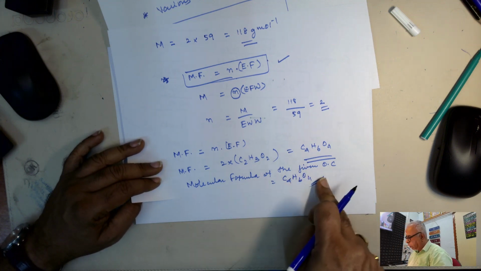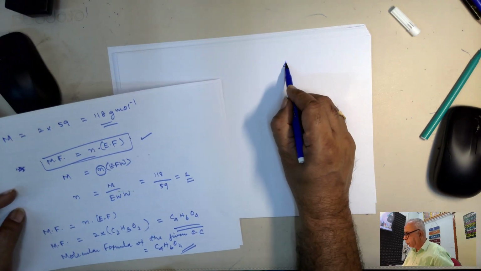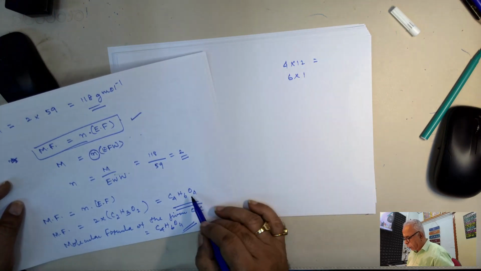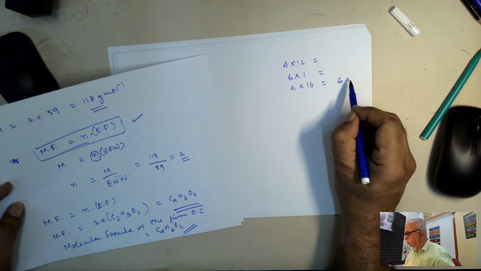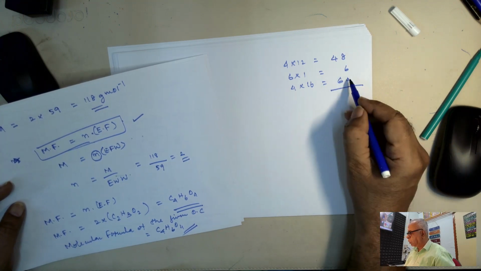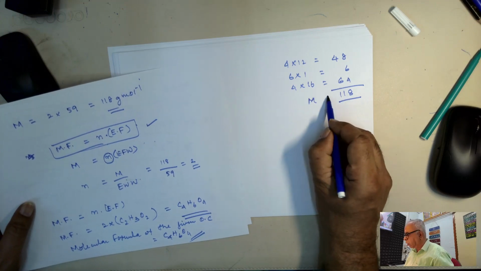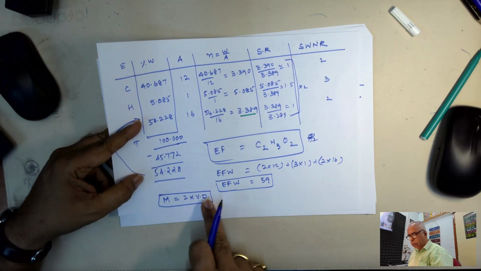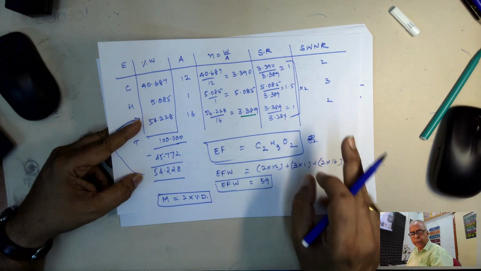You have C4, that is 4 into 12, H6, 6 into 1, and O4, 4 into 16. That is 48, 6, and 64, so 118. This is the molar mass of the given compound, and that was obtained from the formula 2 into vapor density. So our answer is perfect.